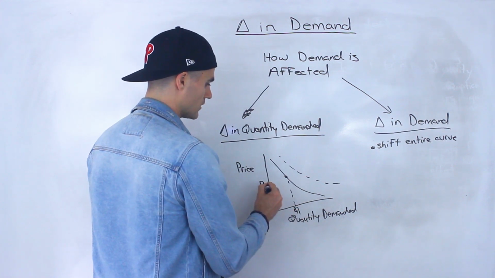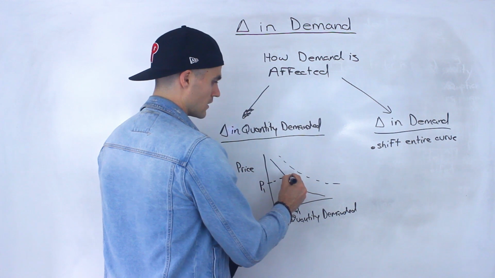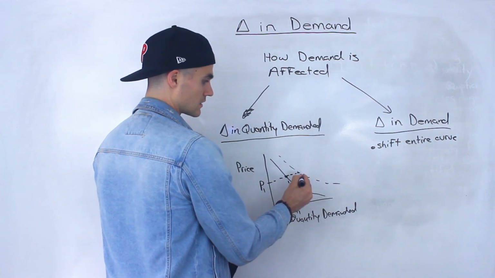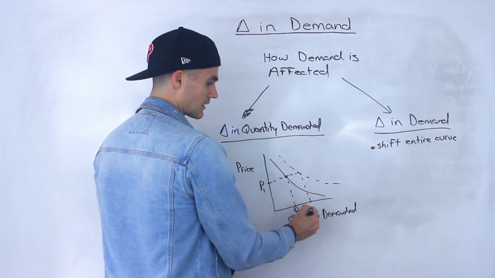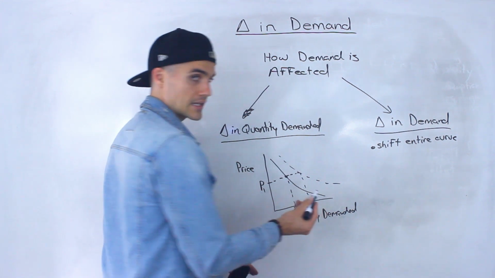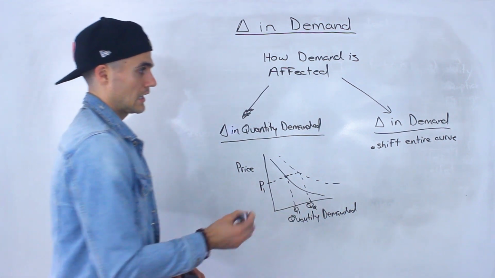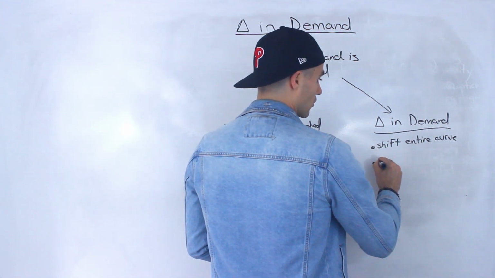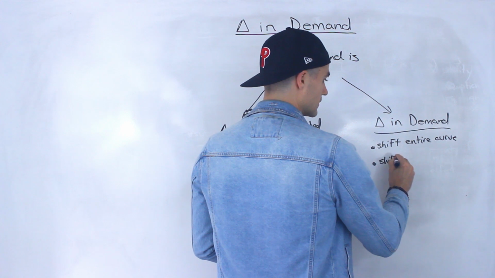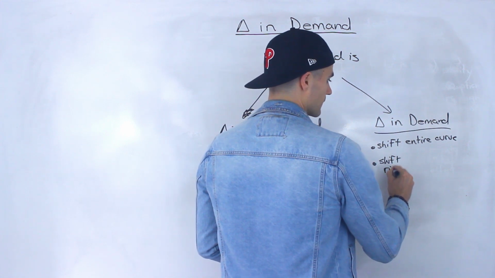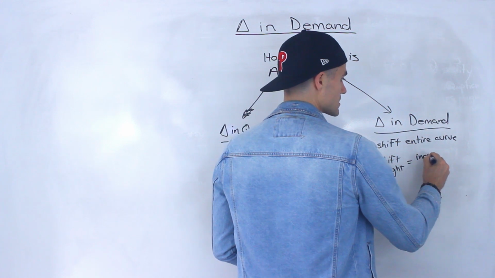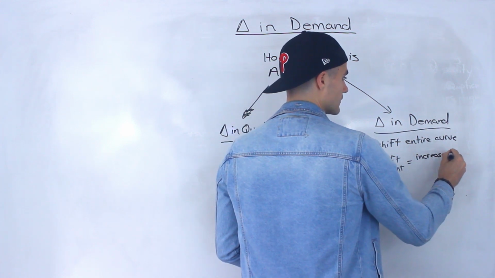Let's call it Q1 for P1. Well, if we shift the curve, then notice that for that same price, the quantity demanded is going to go up. And so if we shift the entire curve right, that's basically equal to an increase in demand.